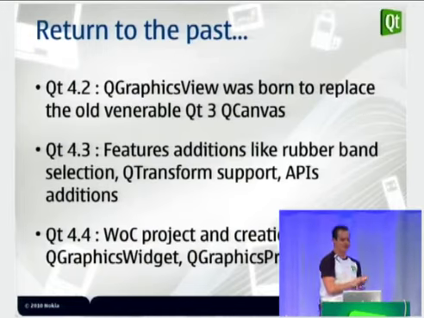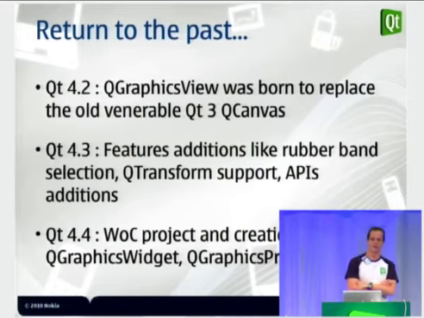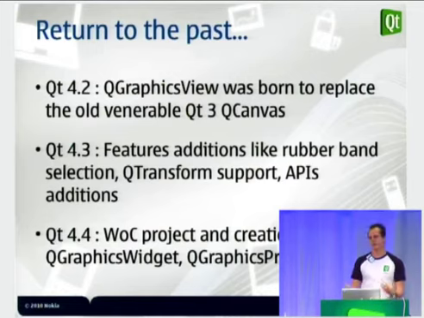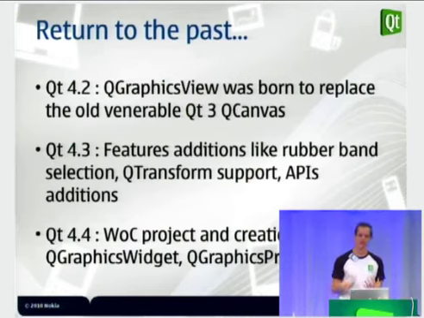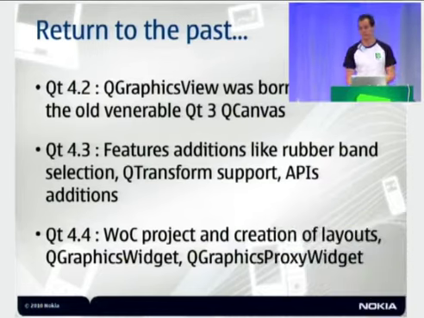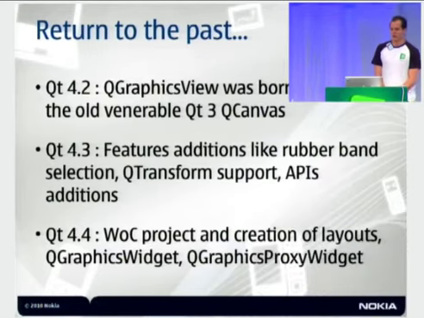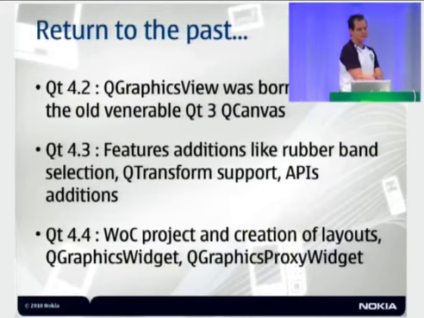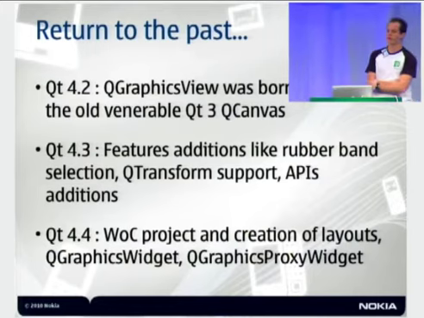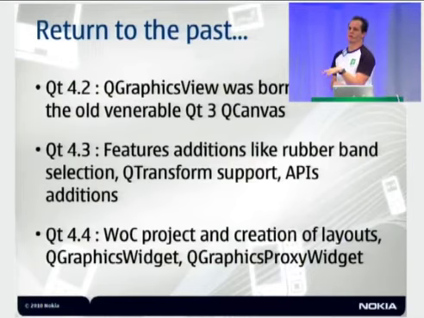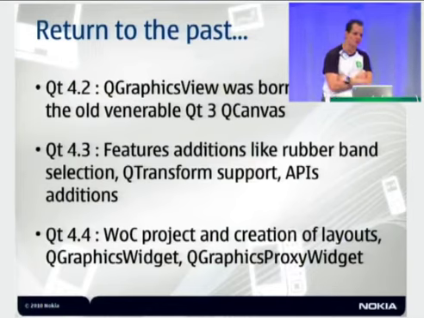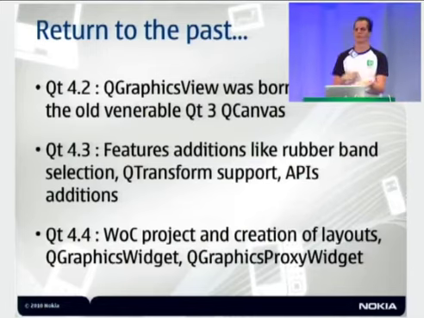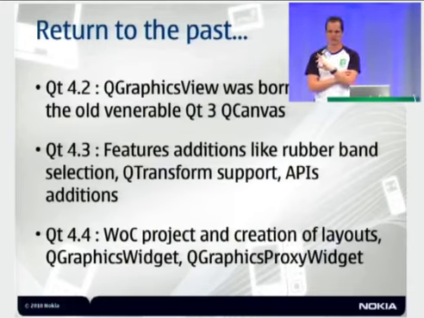So when QGraphicsView arrived, it was a replacement of QCanvas, trying to solve the same issues, but with a better API and based on Qt 4. Then in Qt 4.3, we added features like convenience for rubber band selection of items, QTransform support, and some little API additions, like convenience functions for mapping coordinates between the scene and the item and so on.